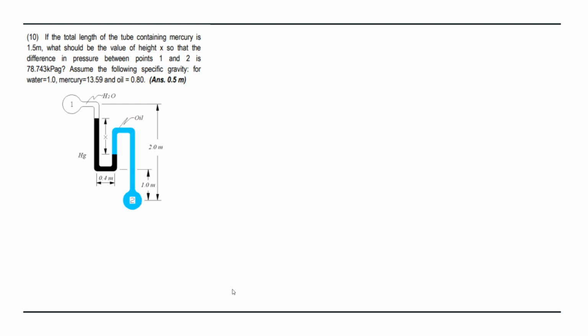Assume the following: specific gravity for water is 1, mercury is 13.59, and oil is 0.80. Okay, difference. Kapag positive ito, ibig sabihin, dahil mas malaki ang pressure malamang nitong nasa baba. So, technically, this should be P2 minus P1. Diba? Ito yung 78.743 kPa gauge. Ayan.